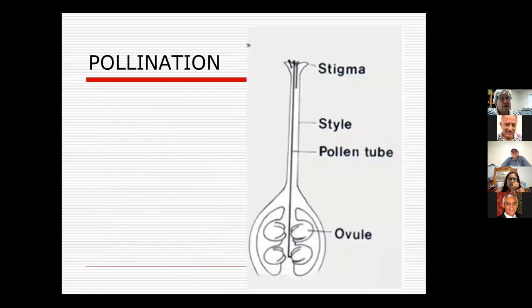So let's look at how pollination actually happens. The pollen grains, which came from the anther, can be moved either by insects, by wind, by water, lots of different ways. Those pollen grains land on the top of the pistil, on the stigma, the sticky portion that holds the pollen grain in place. And then inside that pollen grain is the sperm.